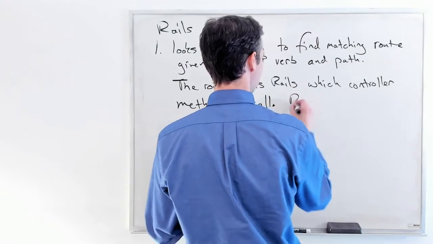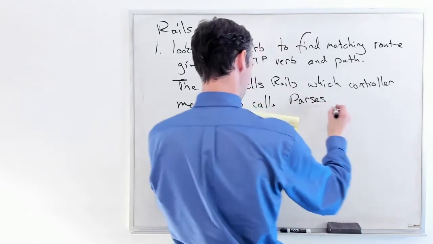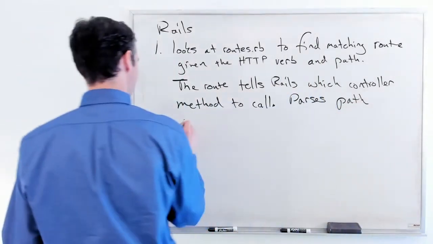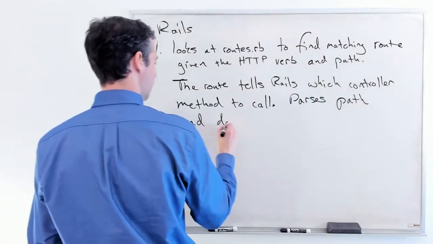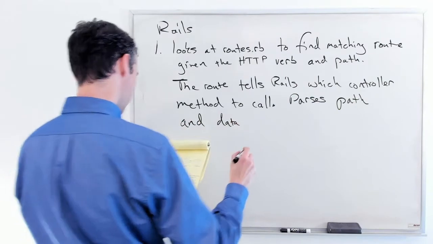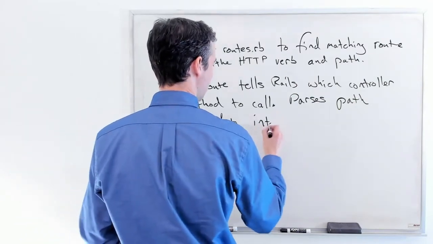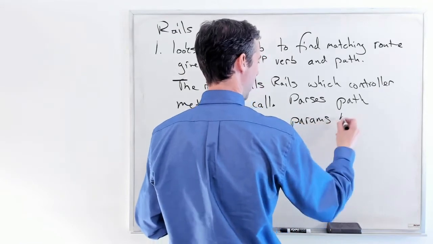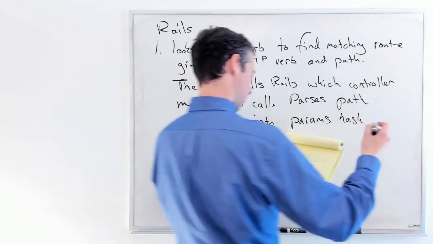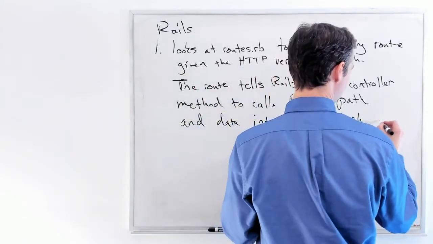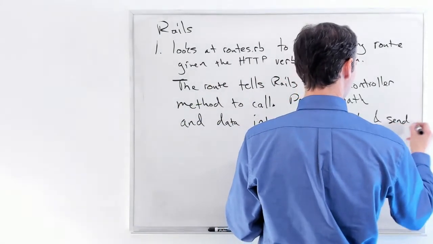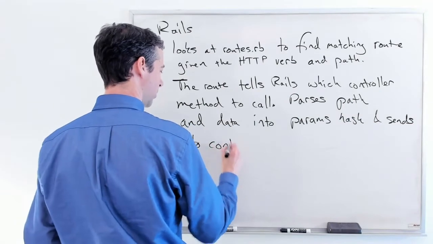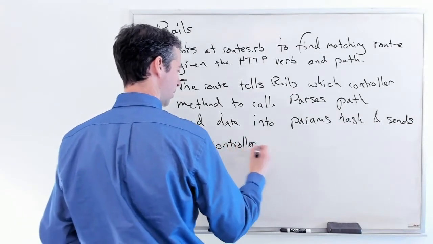One of the things it does then is parse the path and the data it receives. For example, if I got a post with a bunch of data, it parses it and puts it into the params hash, or hash table, and sends all of that to the controller method, which is nice.